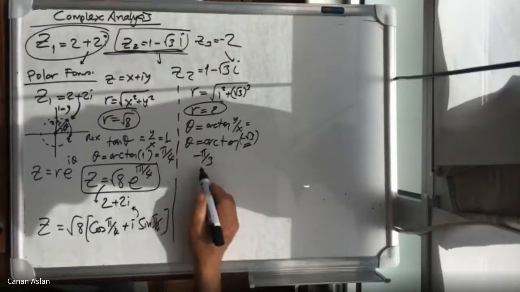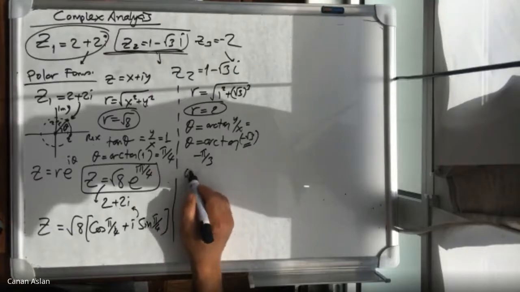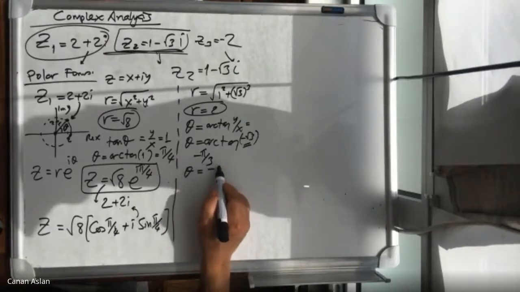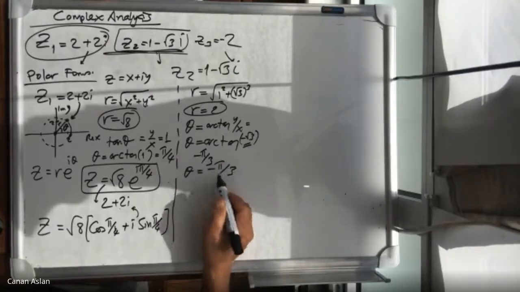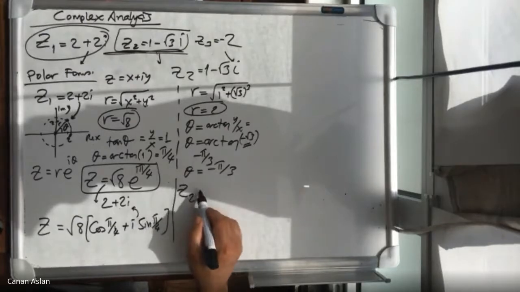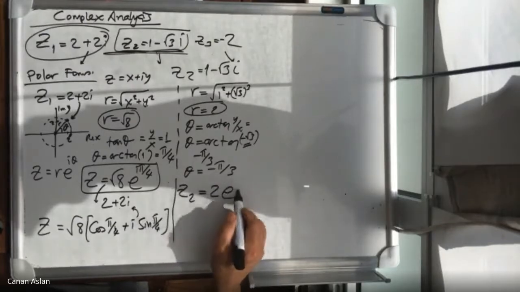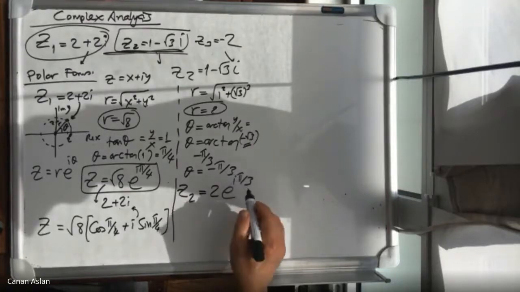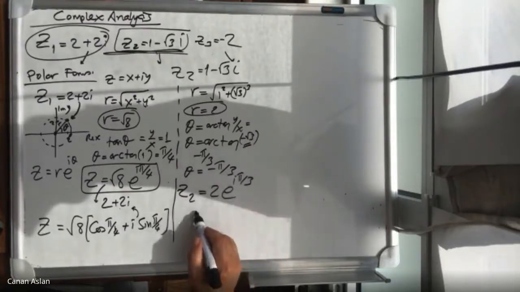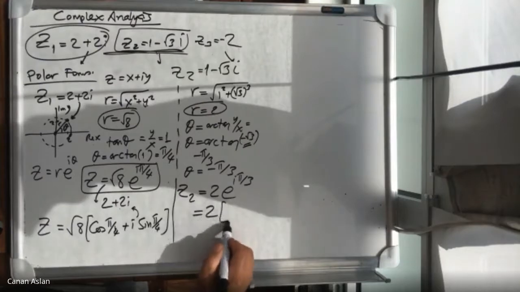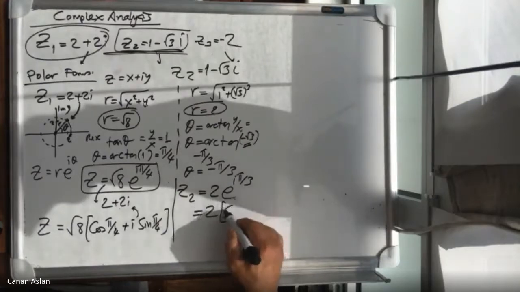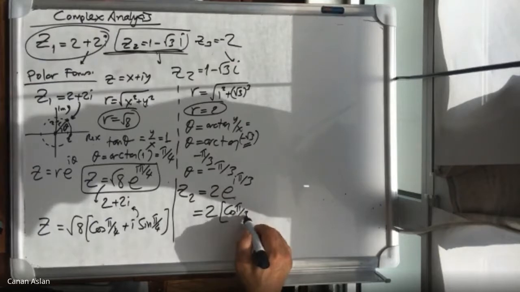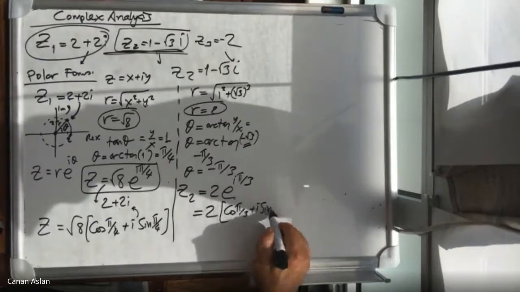In this case, theta will be equal to minus pi over 3. Then Z2 will be written as 2 e to the minus i pi over 3. If we write this in cosine and sine, it's just 2 times cosine pi over 3 plus i sine pi over 3.